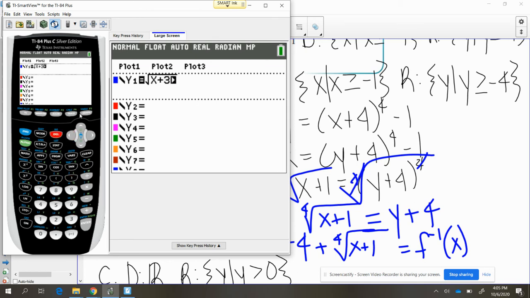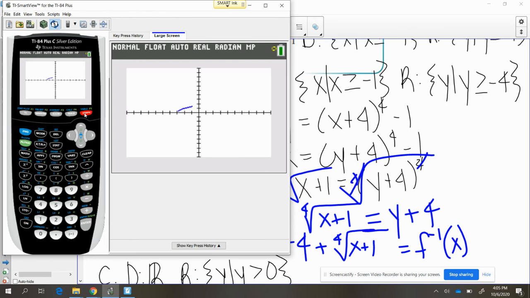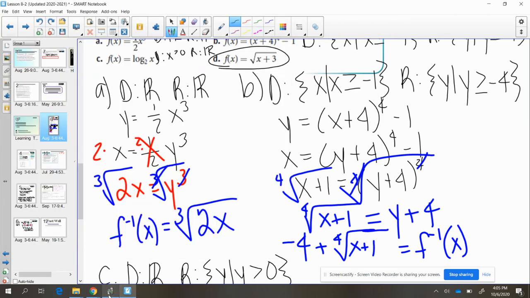And if we graph it, it passes the horizontal line test. So we don't have to worry about limiting the domain and the range, but for the original domain, we are not going to have anything less than -3. So our domain of the original here is all the x values greater than or equal to -3. Our range then was values greater than or equal to 0.